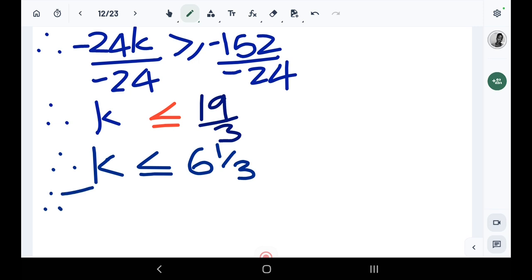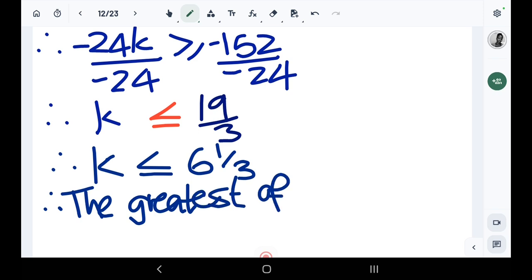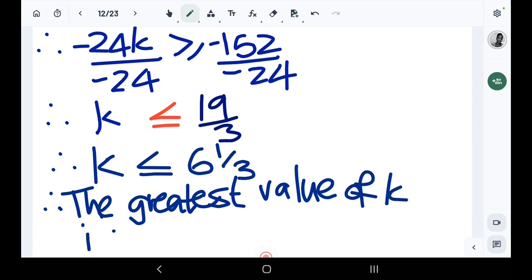Therefore, the greatest value of k is 6. And that's your answer there.